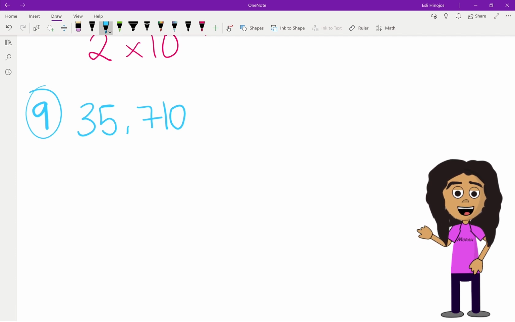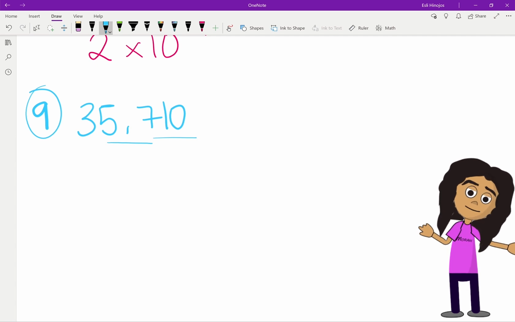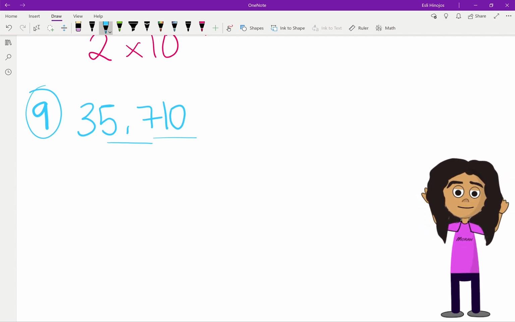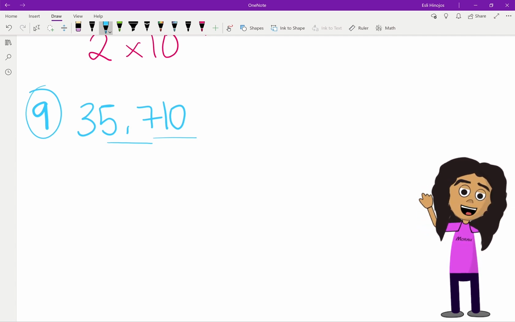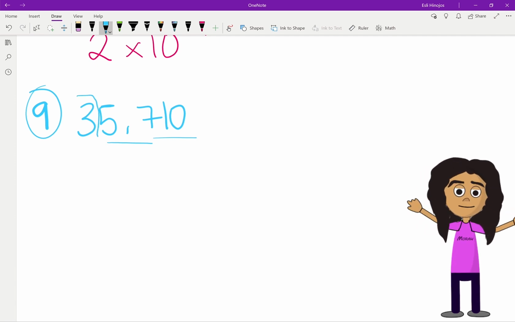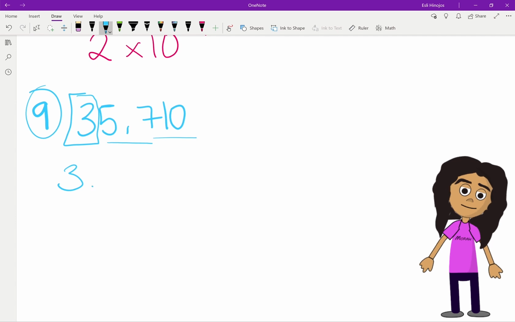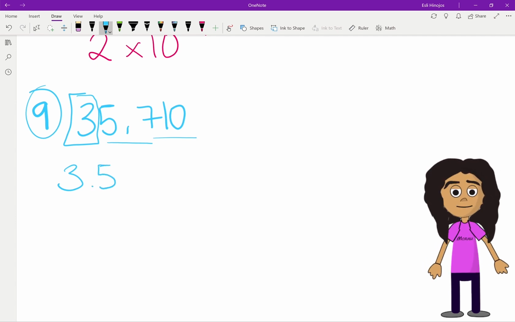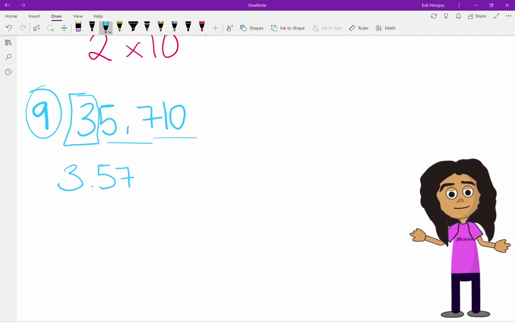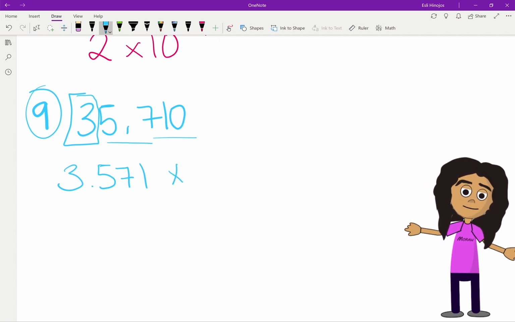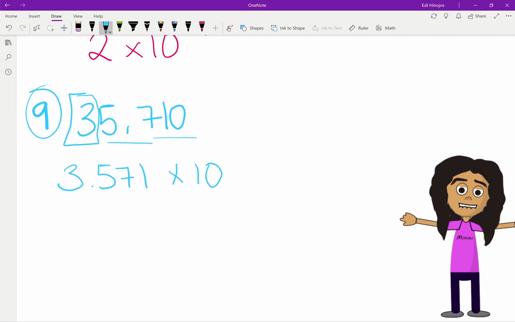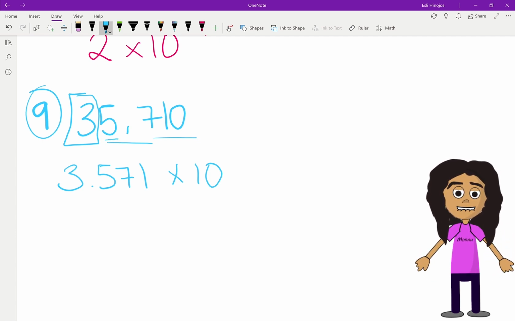Now she's drawing a box around the 3. So it's 3.571 times 10. In order to find your exponent, just like we did for the negative one, you have to figure out how many numbers there are after the decimal.